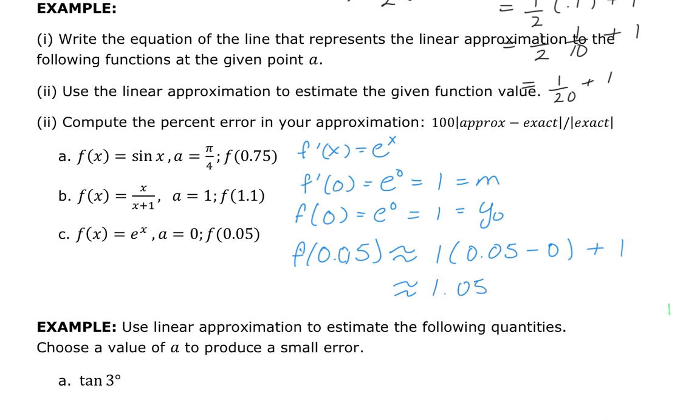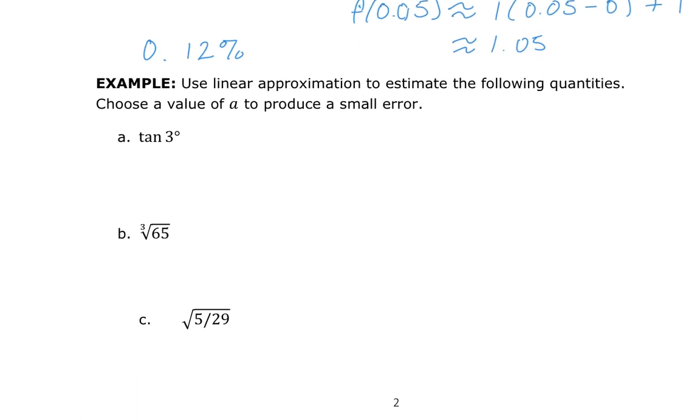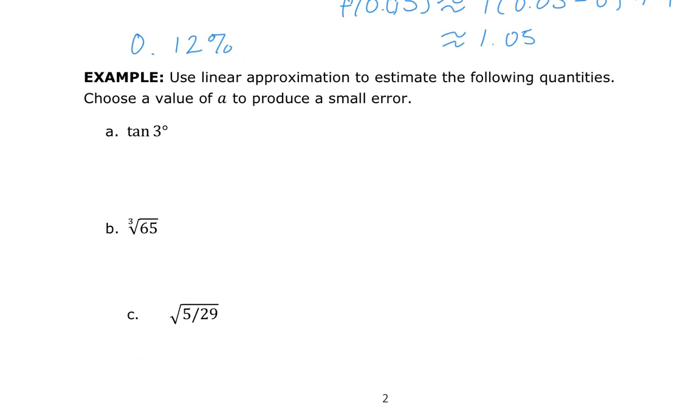And then, of course, to do the percentage error, you're going to take the approximate minus the exact, divided by the exact, absolute value, all of that, multiply by 100. And my error is 0.12%.